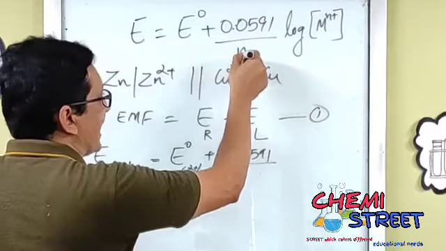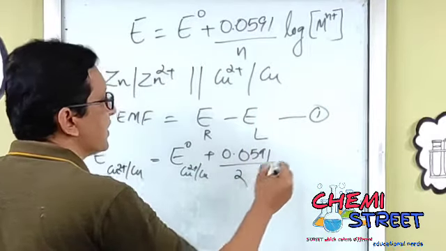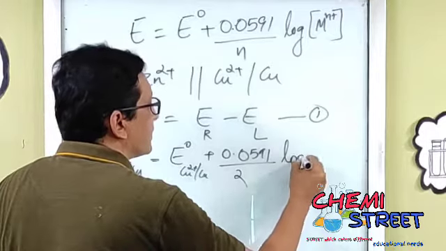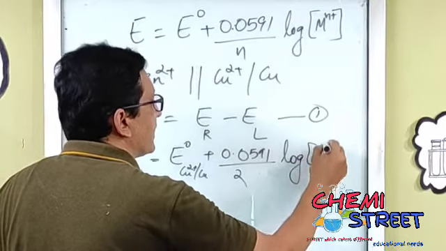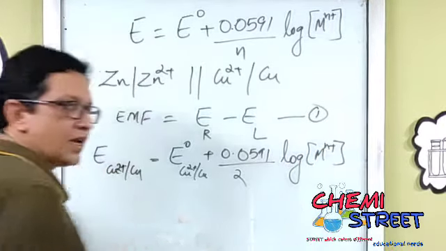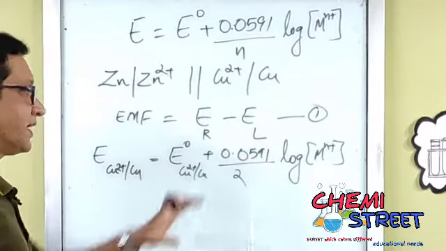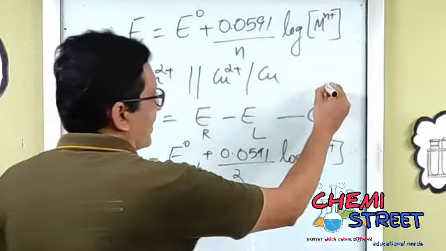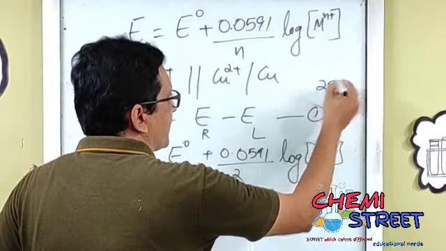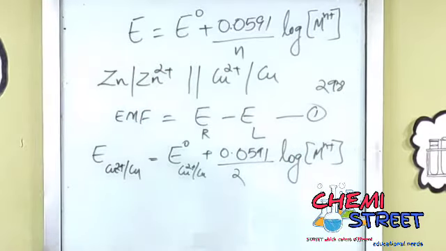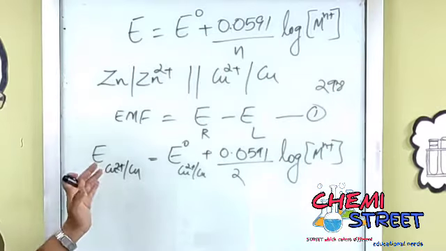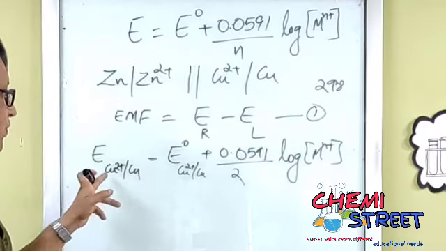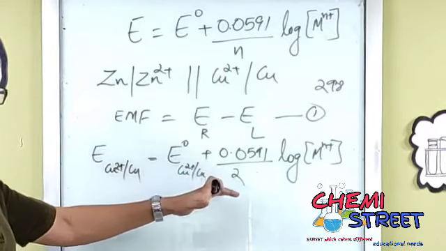So N stands for 2 electrons, and log Mn plus. Here also remember that we are taking the temperature as 298 Kelvin. For this particular example we are taking the temperature as 298 Kelvin. So this is the electrode potential of copper from the Nernst equation.